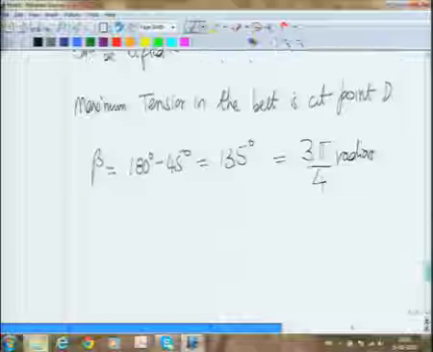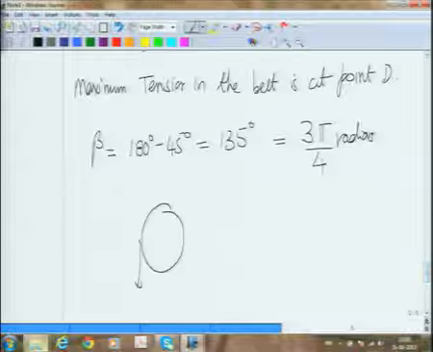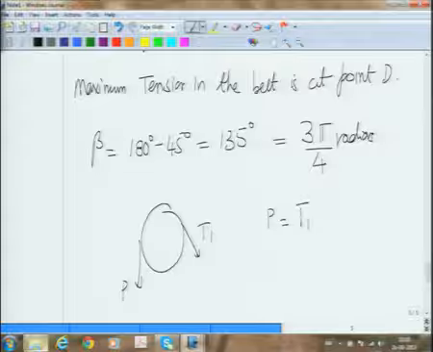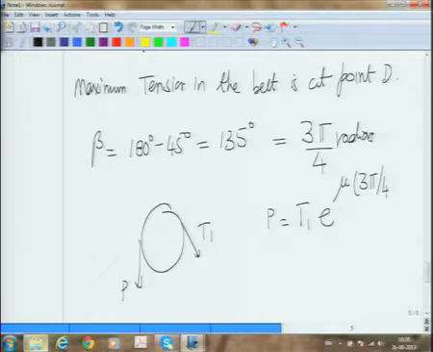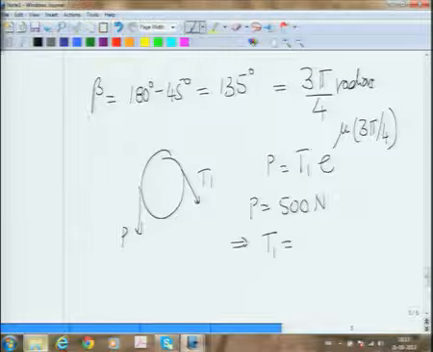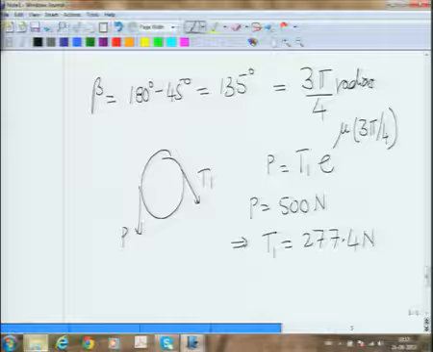If this is T and this is T1, then P is equal to T1 times e to the power of mu times 3 pi by 4. Because P is given to be 500 newtons, this gives me T1 equal to 277.4 newtons.